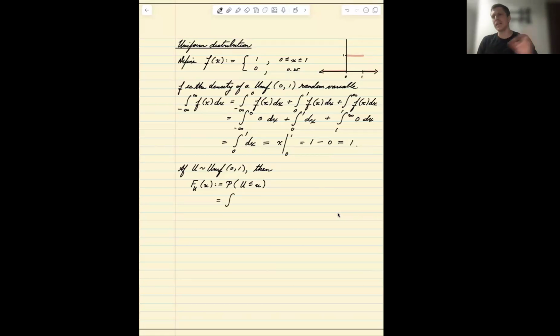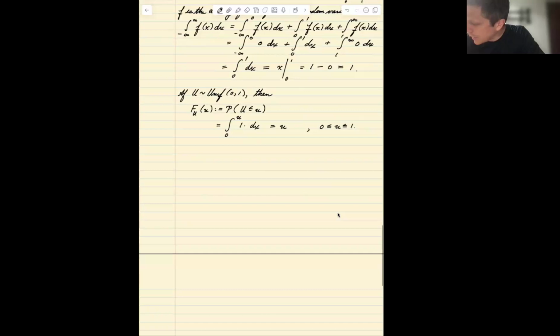Because we know the density is 0 below 0, we can just ignore that and take the integral from 0 to little u of the density. The density is 1, dx. This is just u, and this is for all u between 0 and 1.